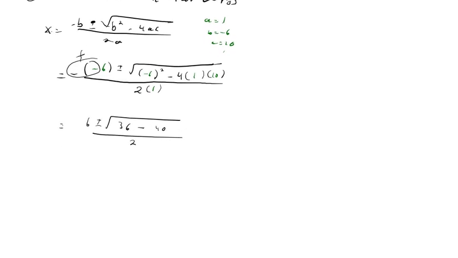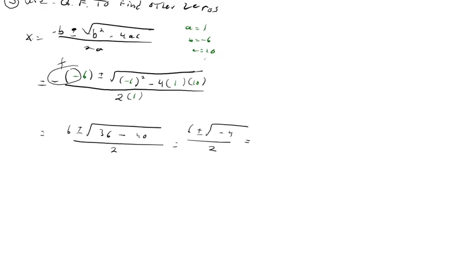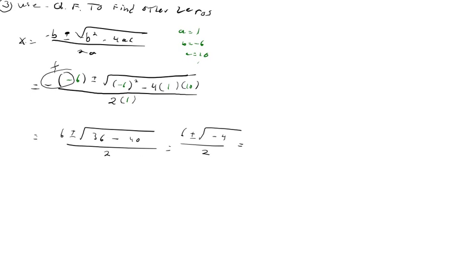Now, what do we notice about this situation that we have here, everybody? What's special about this square root? What's the square root of negative 4? What's special about something with this negative here, the square root?